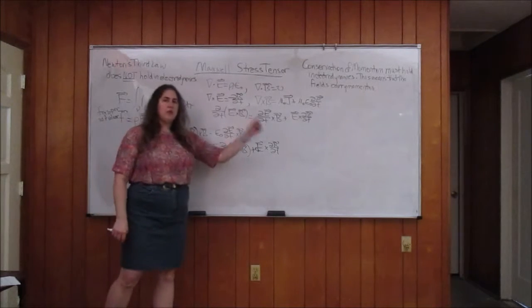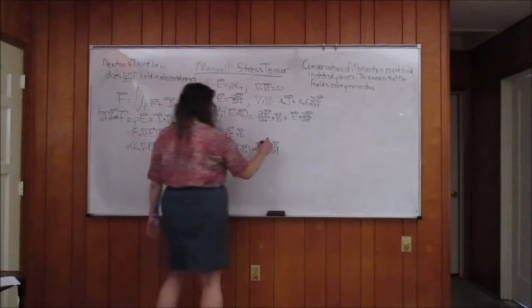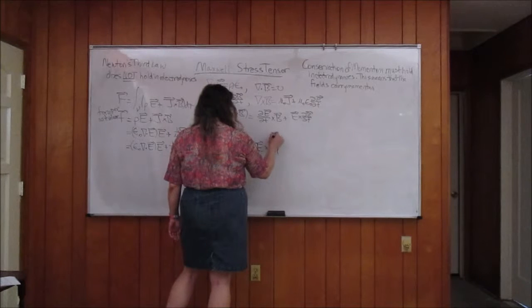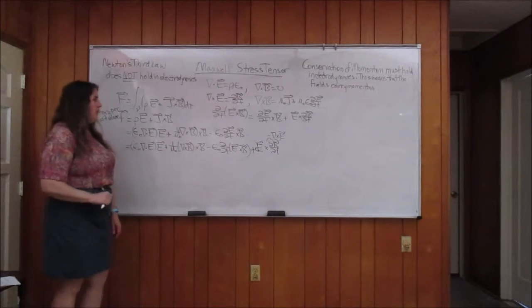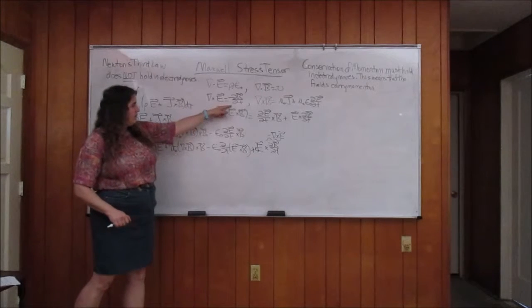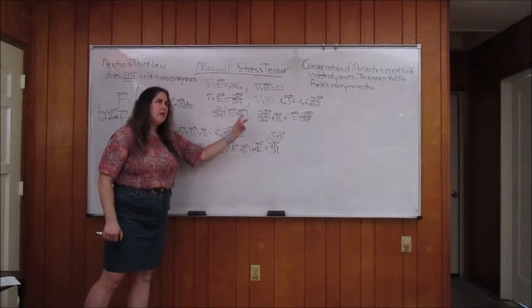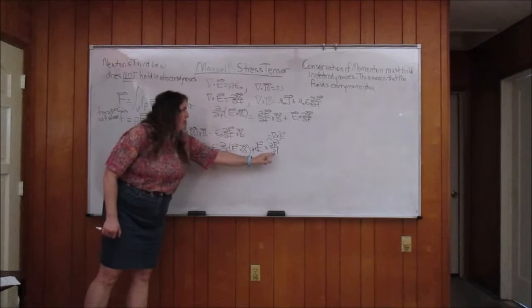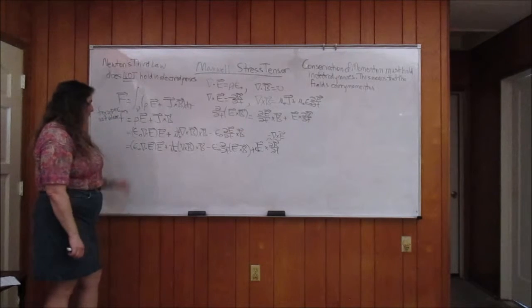I can use Faraday's law to replace this partial derivative of B by minus curl of the electric field, right? So let's replace it using this expression.